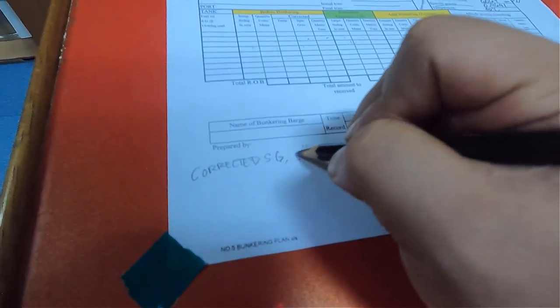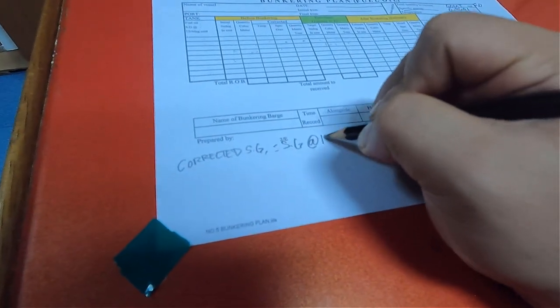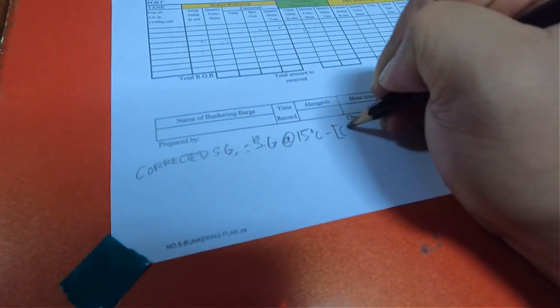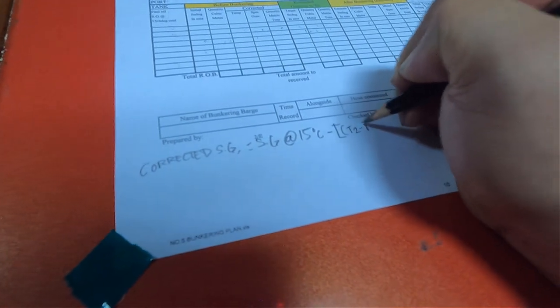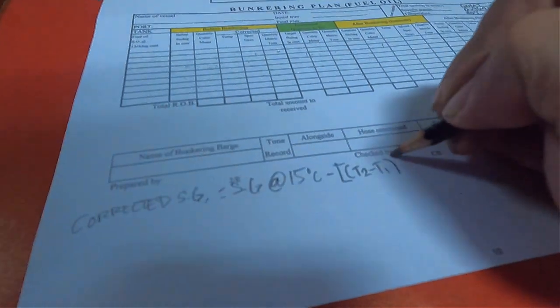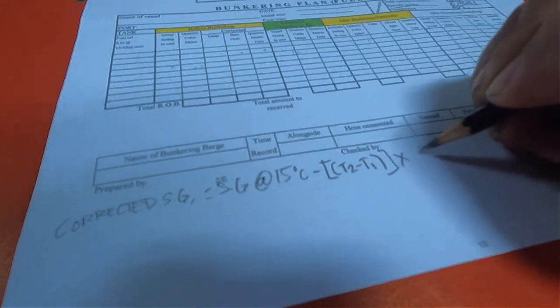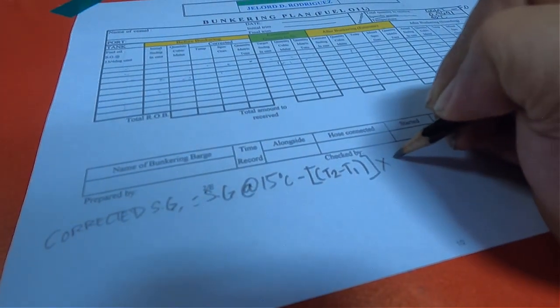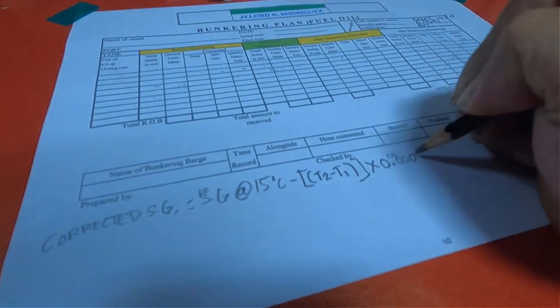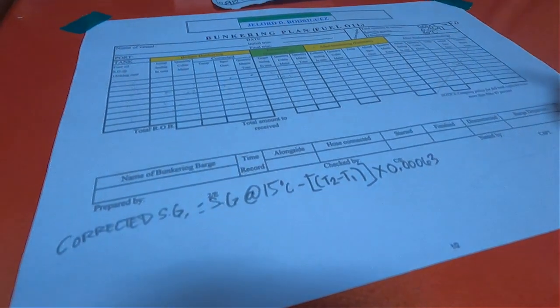Corrected SG. So SG at 15 degrees minus parenthesis temperature 2 minus temperature 1 parenthesis times correction factor 0.00063.